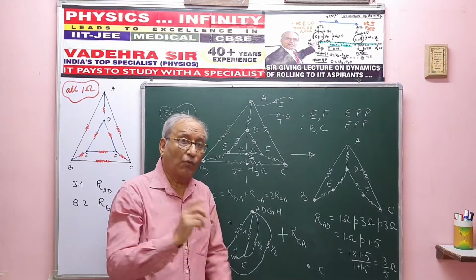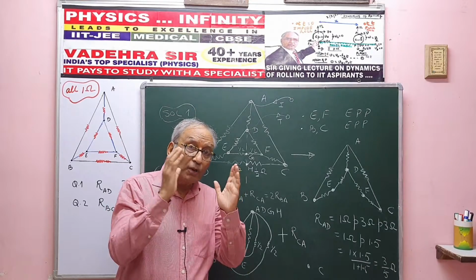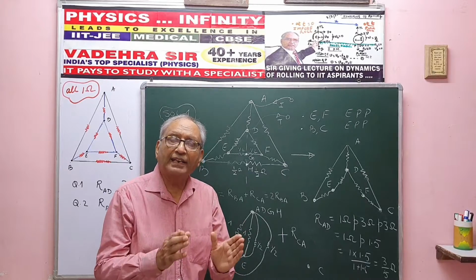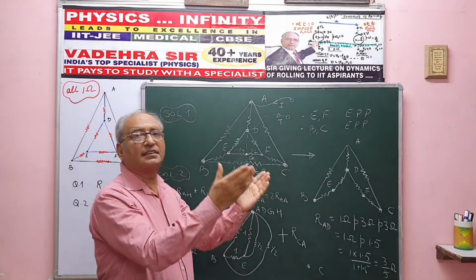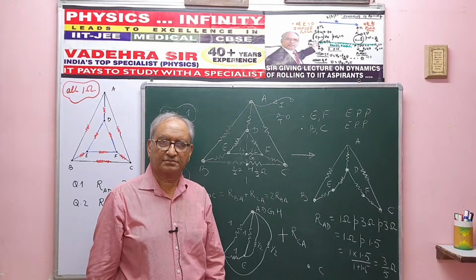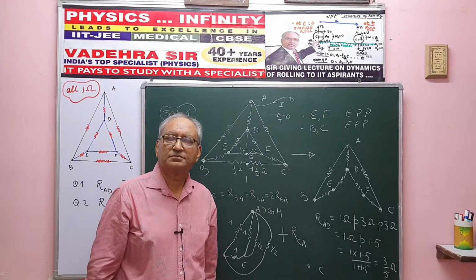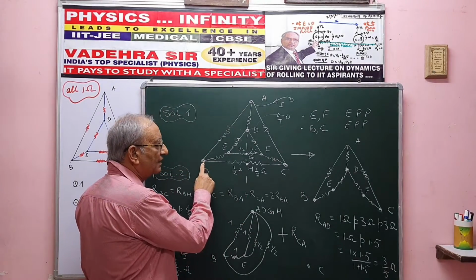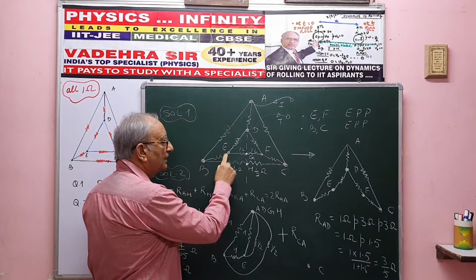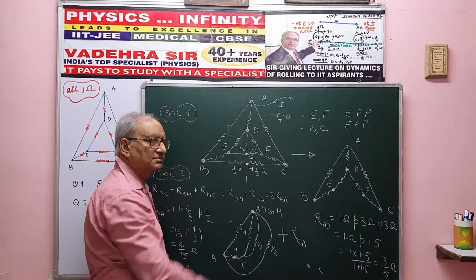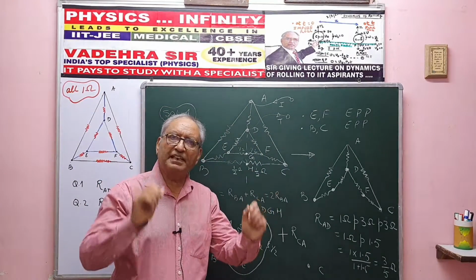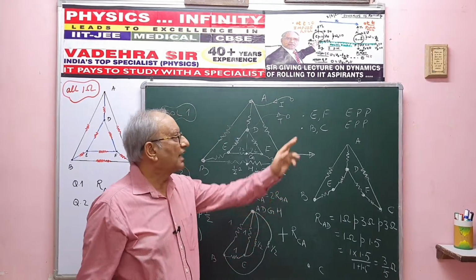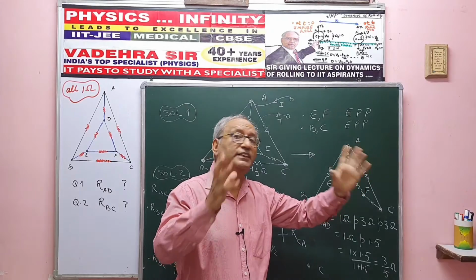Now what is the technique? If you observe a symmetry about the cell axis, then find the mirror images. Treat the cell axis like a mirror. You'll observe 2 pairs: B and C, E and F. These are the mirror images, and the technique is that these mirror images are the EPPs, equipotential points.